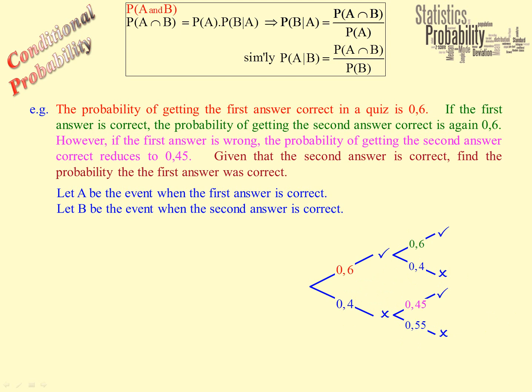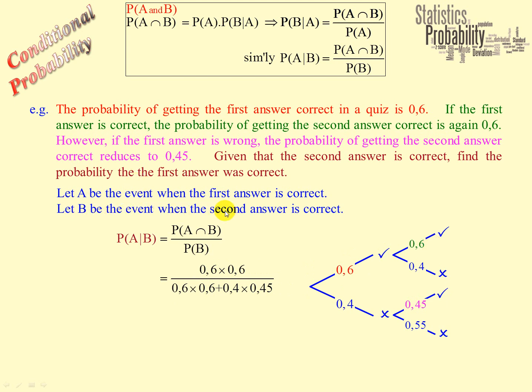Now we have to find probability of first correct given second correct. P of A given B is P of A intersection B over P of B. Now the probability of A and B being correct is 0.6 times 0.6.